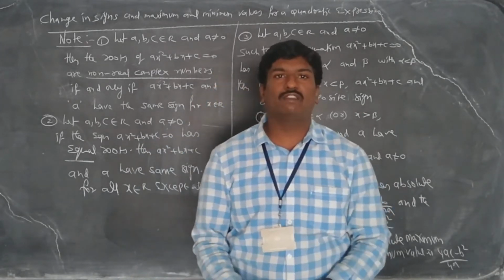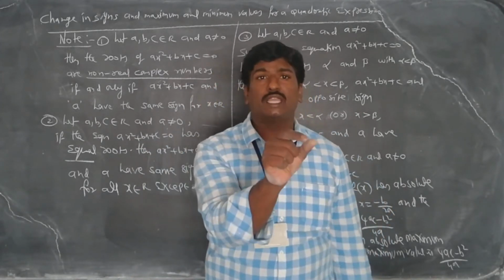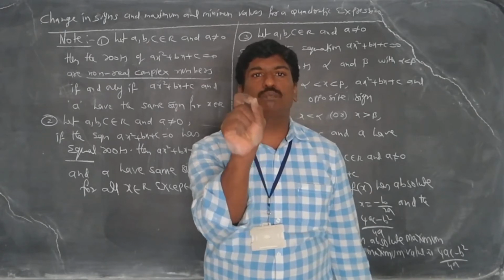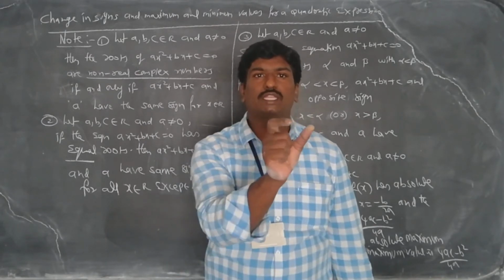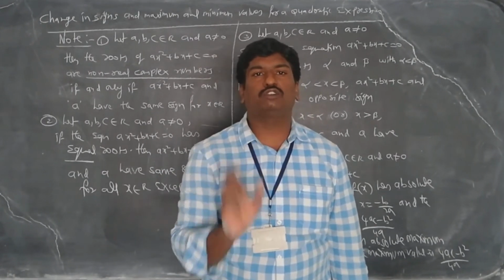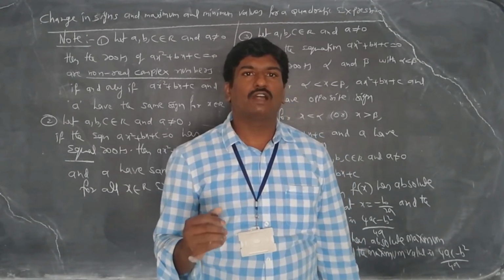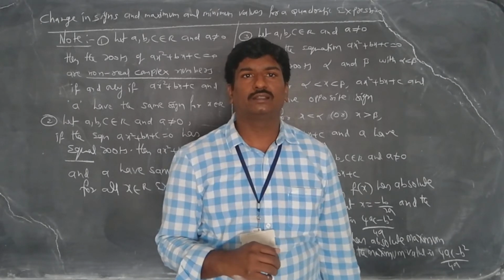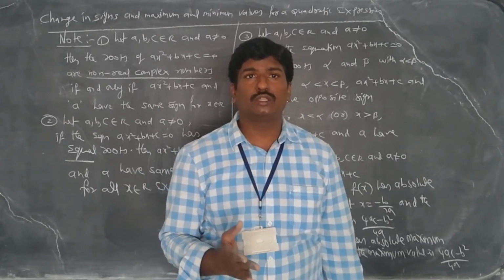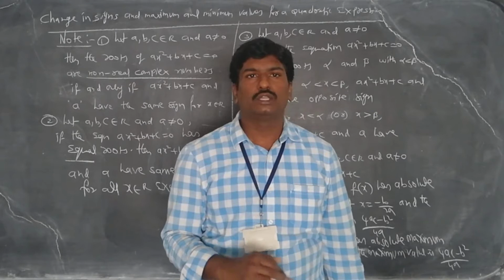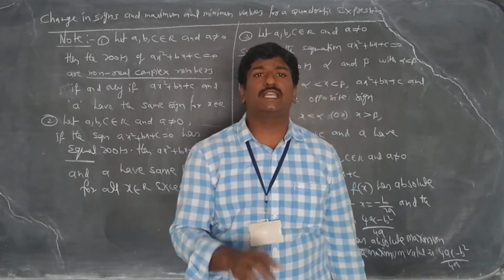Suppose one equation is given like this: minus 2x square plus 3x plus 4. So what is the x square coefficient? Minus 2. A is equal to minus 2. So tell me, a is equal to minus 2, is it less than 0 or greater than 0?